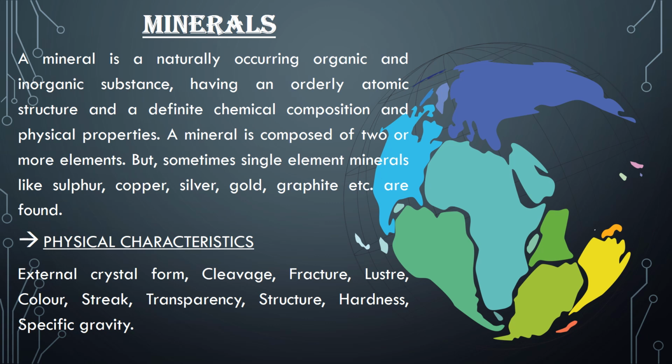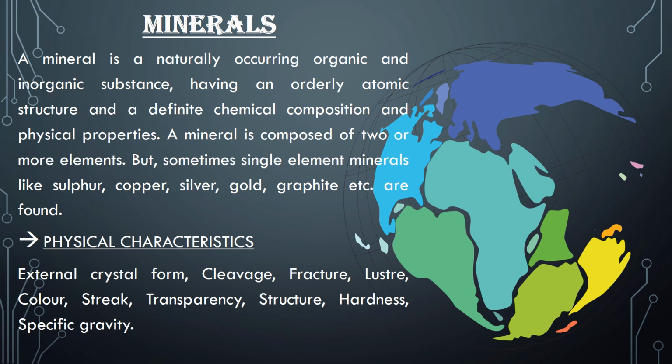A brief information about some important minerals in terms of their nature and physical characteristics is given below. 1. External crystal form, determined by internal arrangement of the molecules: cubes, octahedrons, hexagonal prisms, etc. 2. Cleavage, the tendency to break in given directions, producing relatively plane surfaces. It is the result of internal arrangement of the molecules and may cleave in one or more directions and at any angle to each other. 3.